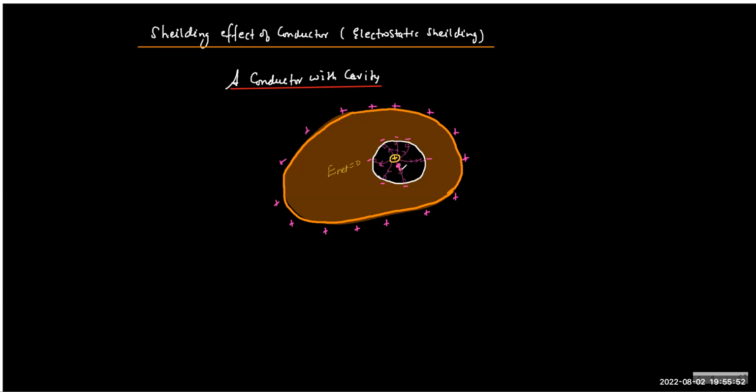So I have kept a charge Q inside, and this charge and the induced charge on the inner wall of cavity will confine the field lines, and therefore the cumulative effect of the charge which you have kept inside and the induced charge on the inner wall of cavity, their domain is ending there itself. What does it mean? The electric field due to the charge and the induced charge together will vanish up to the boundary.